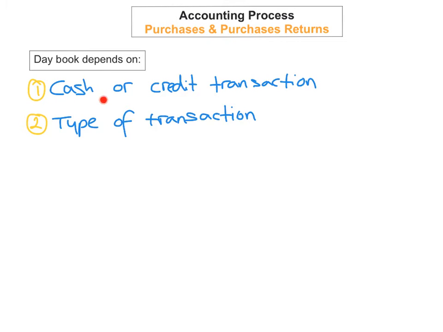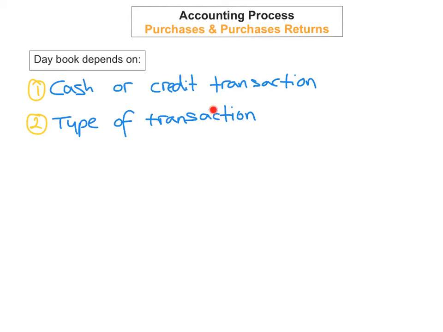Okay, so this is the introduction to accounting. In today's lesson, we're going to look at the purchases and the sales. The first thing it depends on is whether the transaction is cash or a credit transaction.